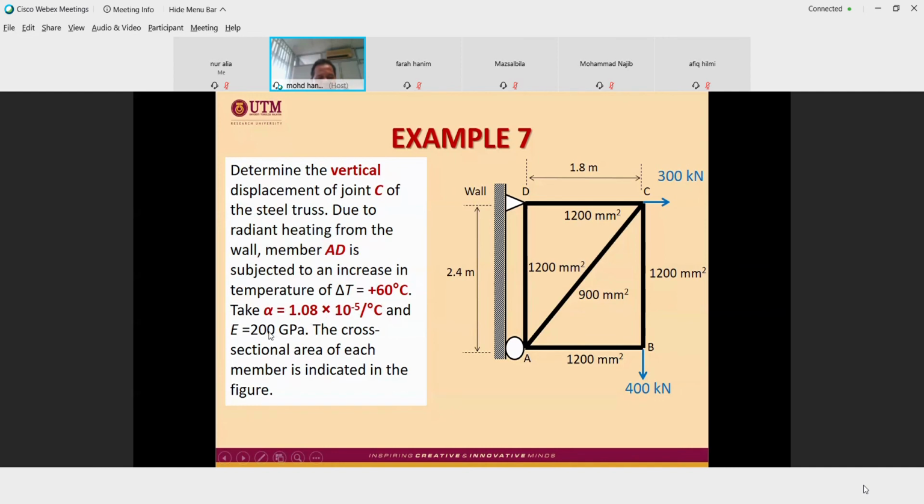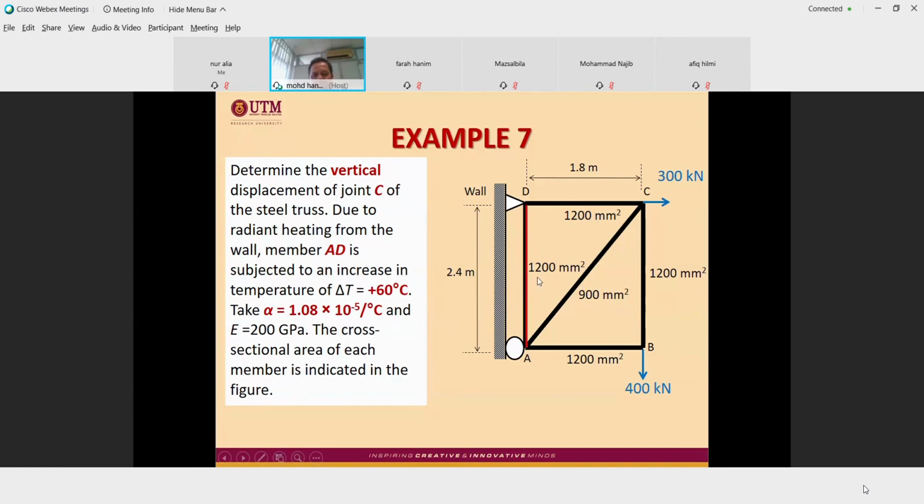And E equal to 200. The cross-sectional area of each member is indicated in the figure. In this case, the cross-section is not uniform. So when the cross-section is not uniform, you have to insert it into the table. But E is uniform. Okay, delta T of 60 for AD.